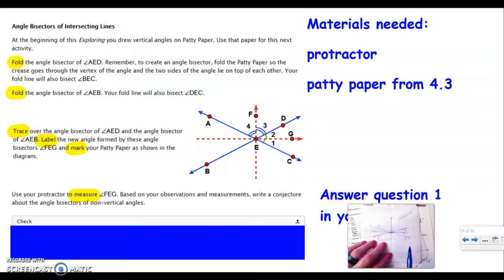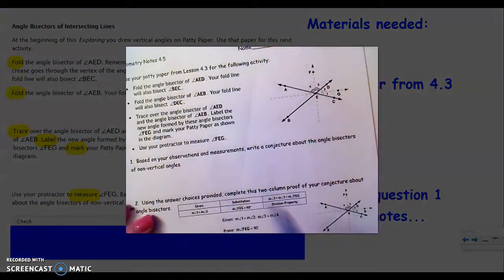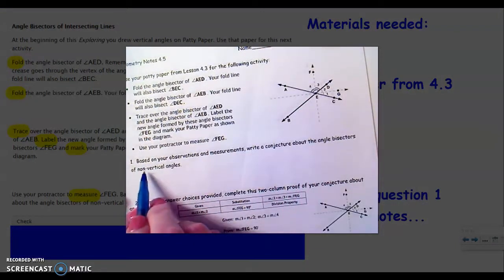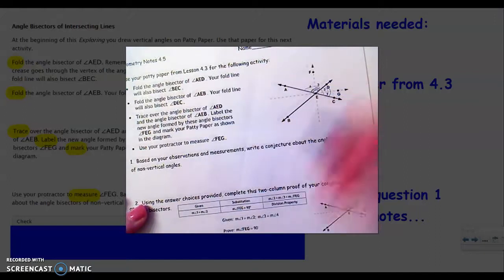So we're going to write a conjecture for number 1 on our notes based on that patty paper exploration. And it says write a conjecture about the angle bisectors of non-vertical angles. So this angle and this angle are not vertical to each other. They're adjacent to each other.